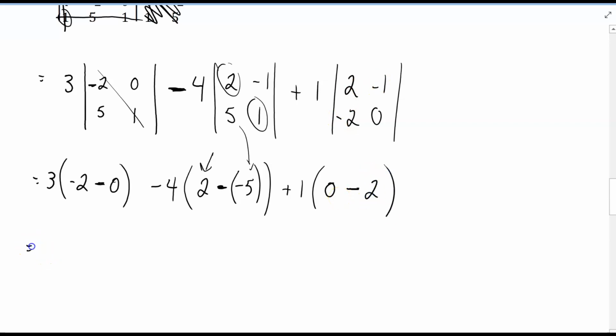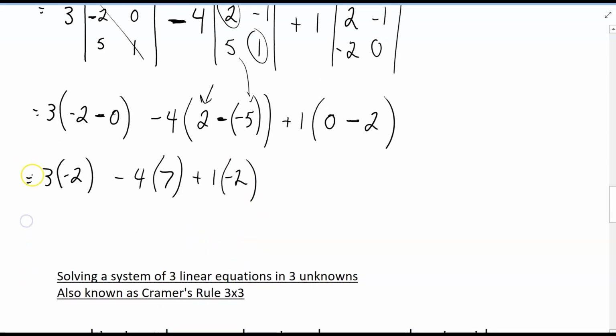All right. 3 multiplied by negative 2, subtract 4 multiplied by 7, plus 1 multiplied by negative 2. Okay, this is negative 6, subtract 28, subtract 2. And that is equal to negative 36, which is the same we got last time. This was just a different method.